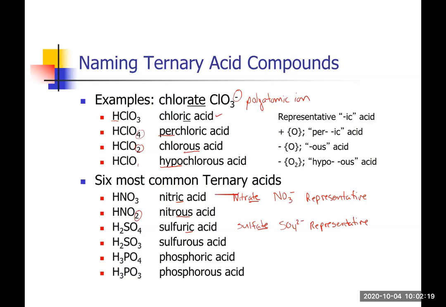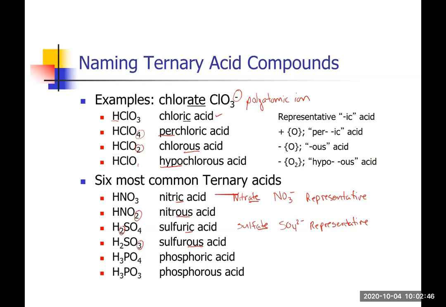Notice we have to have 2 hydrogens over here because we had a -2 charge on sulfate. That's going to require 2 + 1 charges to give us charge neutrality in the chemical formula. So H2SO4 is sulfuric acid. Suppose I subtract 1 oxygen and I have H2SO3. I'm going to change the IC suffix to OUS, and I have sulfurous acid.